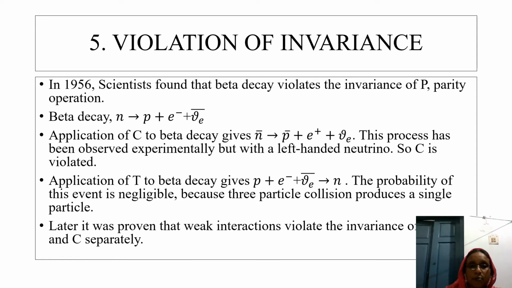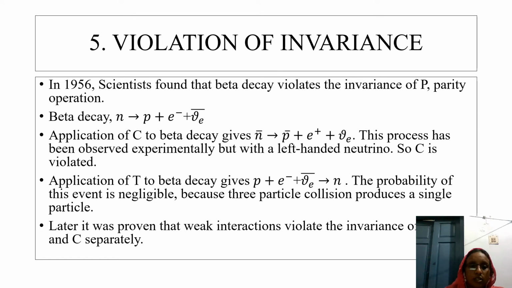This process has been experimentally observed, but with a left-handed neutrino. In contrast, this is a right-handed one, but the actually observed experimental reaction includes an electron neutrino that is left-handed, not right-handed. Okay, so charge conjugation is also violated by this beta decay.